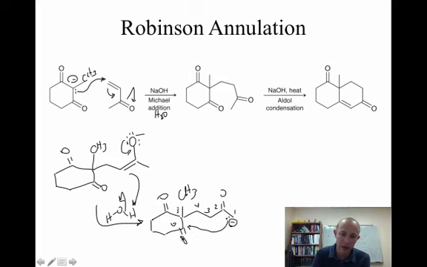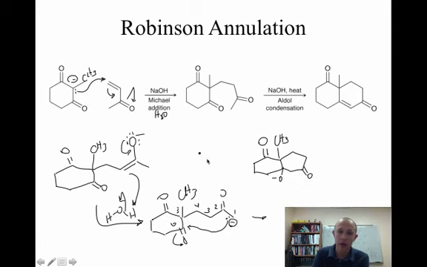We attack that carbon, we break the carbon-oxygen double bond, which gives us something that looks like this: a 6-membered ring with O minus, a double bond O, and a methyl. This is this carbon right here.